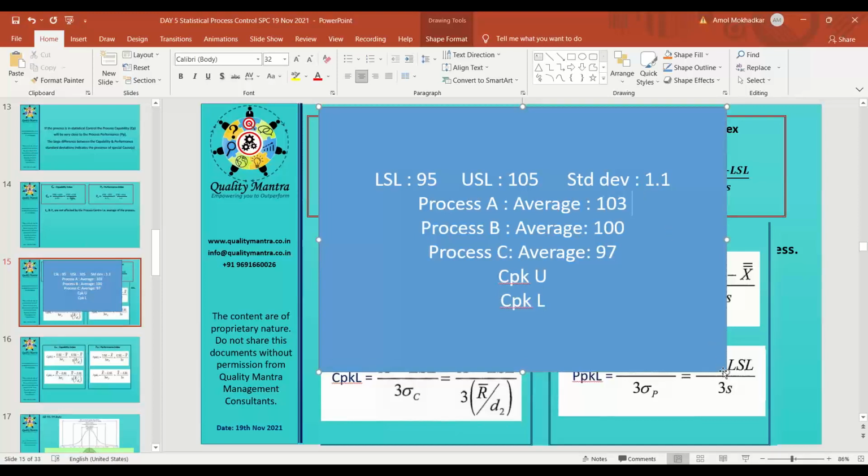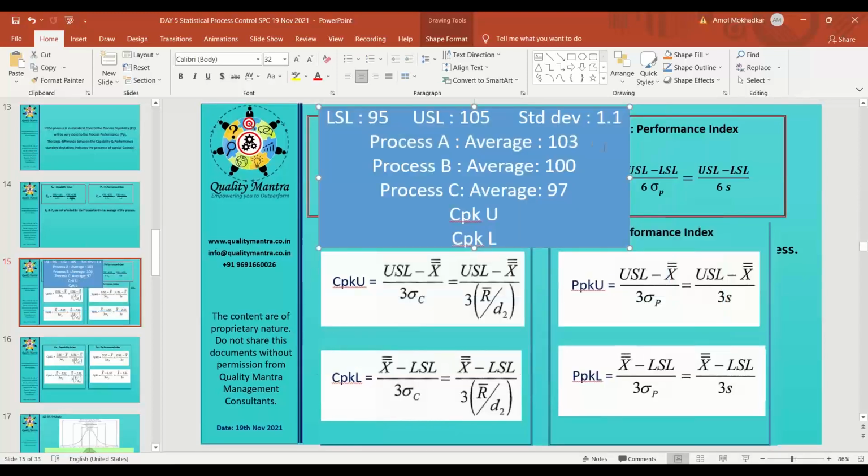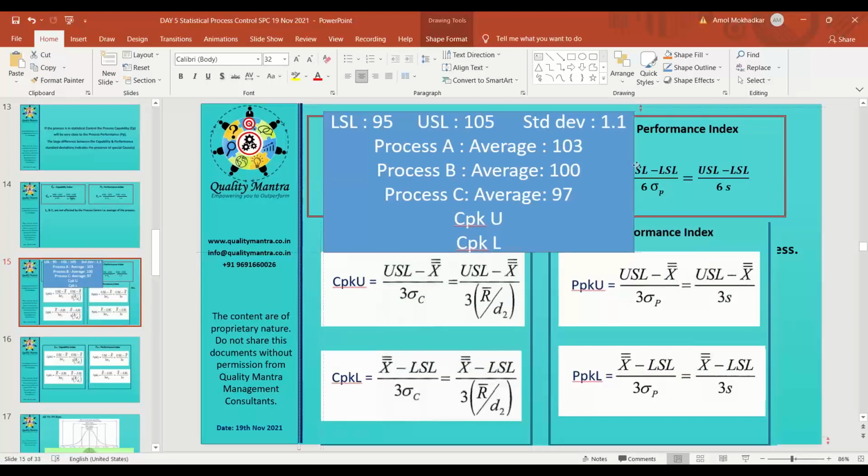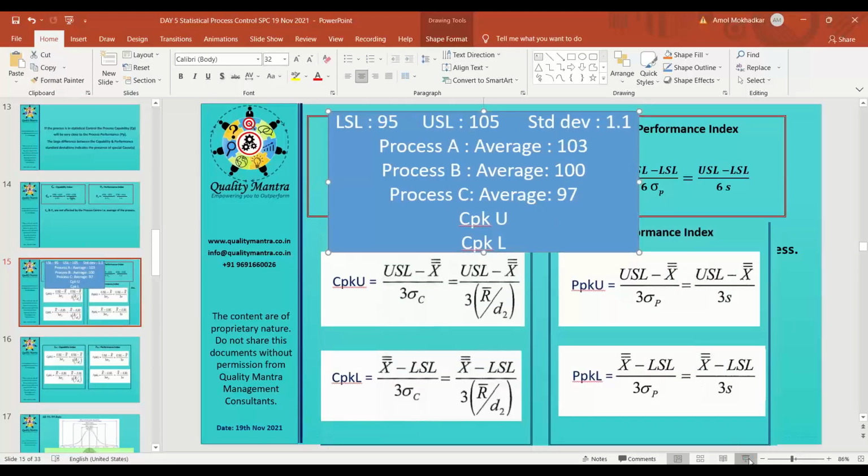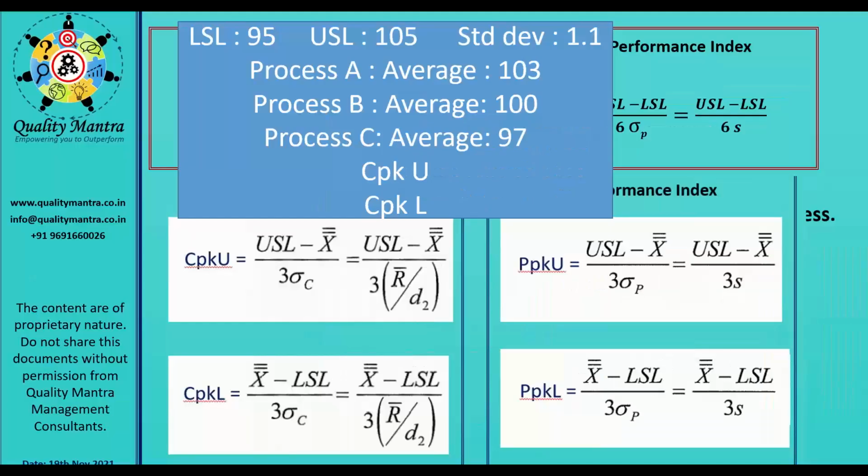The formulas are there. You have the formula and I have given you the data. Very simple. Please calculate, and you will come to know why that difference is there. Average means you can take X double bar, or in the case of an IMR chart, it is the average. In the case of the X bar S chart and X bar R chart, it is X double bar.